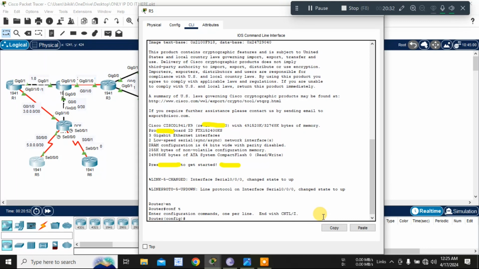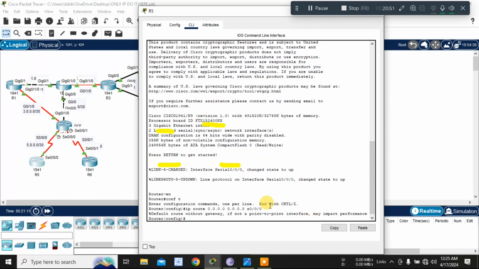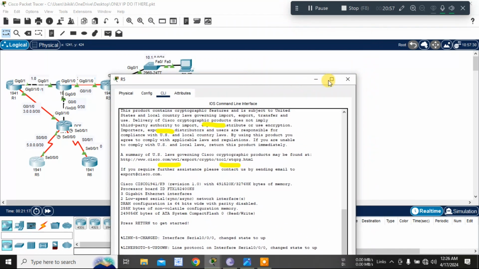In router number 5 I will do IP route 0.0.0.0 0.0.0.0, and this one will pass through serial 0/0/0. Done. This is the only command. I don't have to repeat for all the networks.